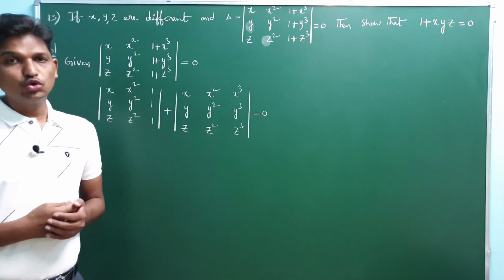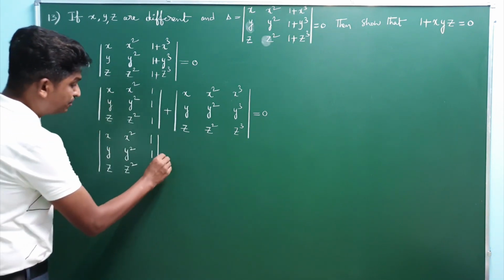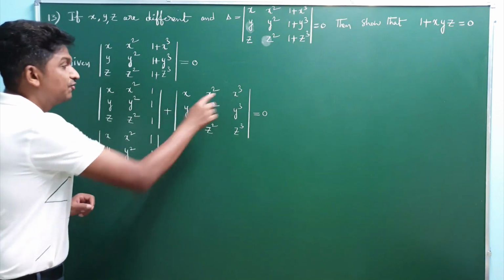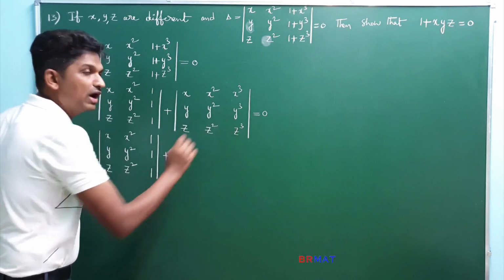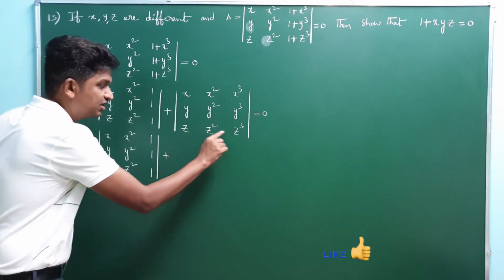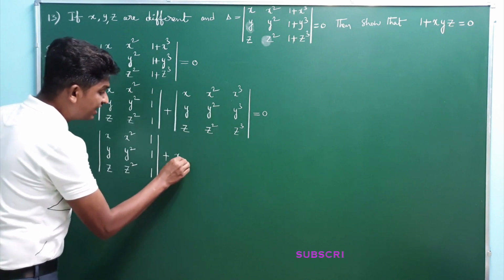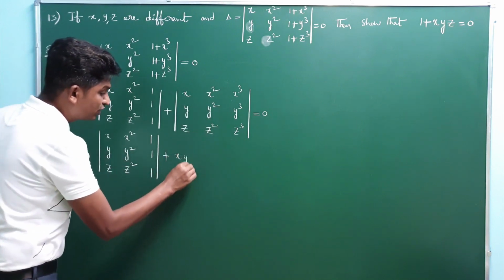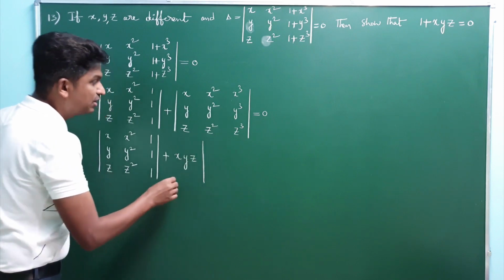Now further, how to do this problem? I'll write this determinant as it is plus, you observe here, from the first row I can take x common. From the second row I can take y common. From the third row I can take z common. Let's see what will be remaining.